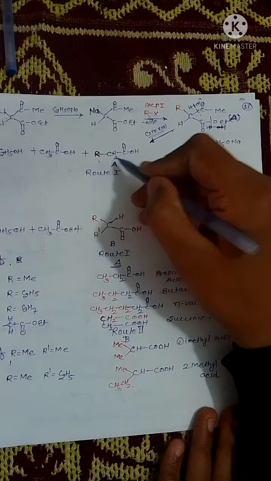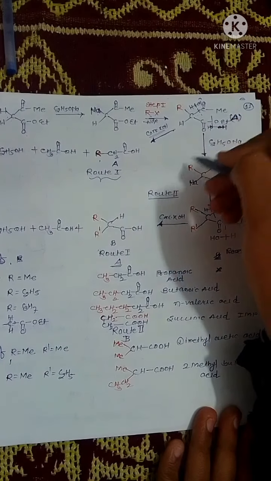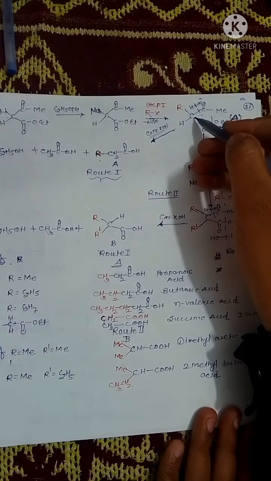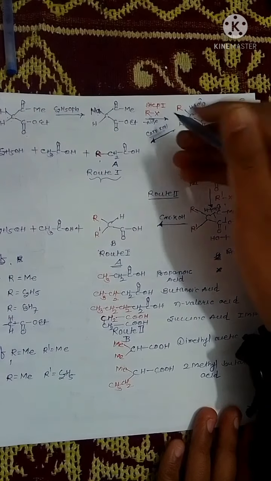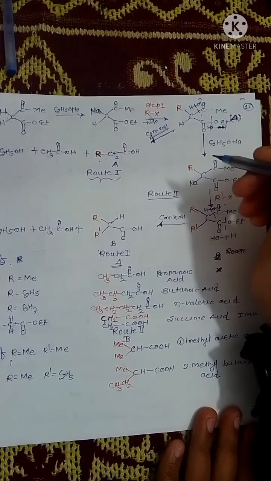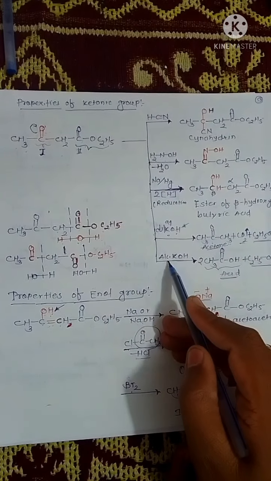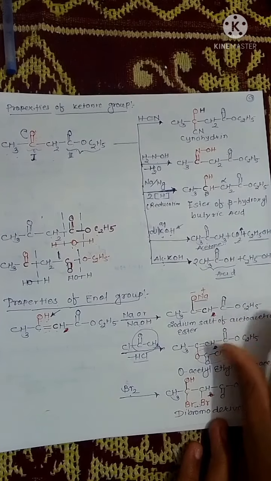So basically we are going to see route 1 of your reaction sequence. If we add KOH to this molecule, since it is concentrated KOH, we see, as in our first reaction of the ketonic group, that if we add concentrated KOH, acid is formed.